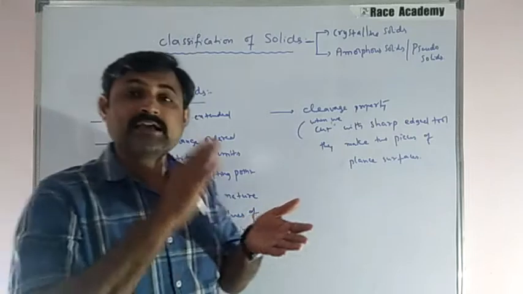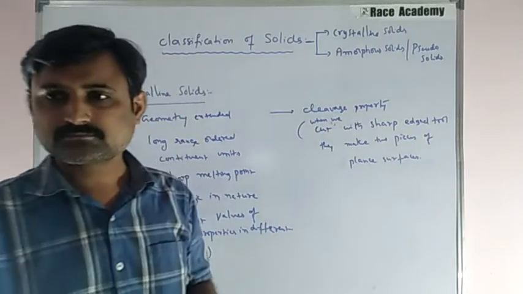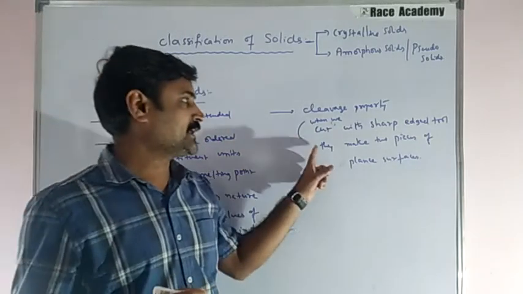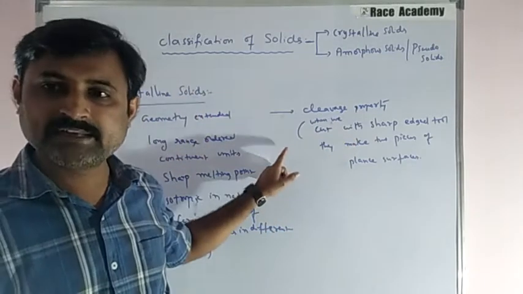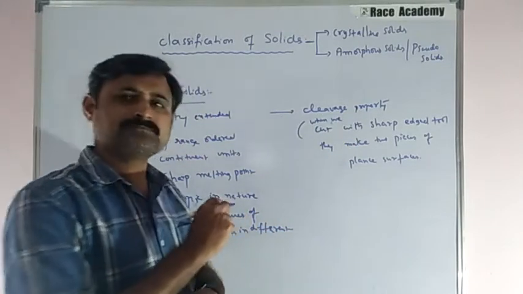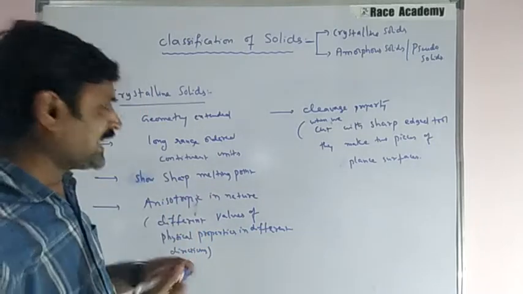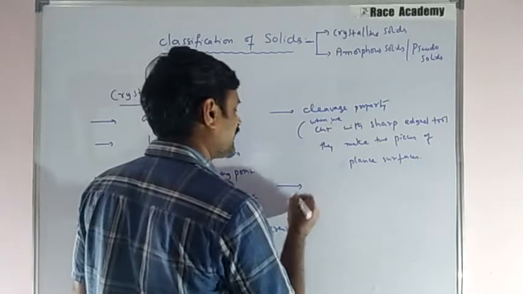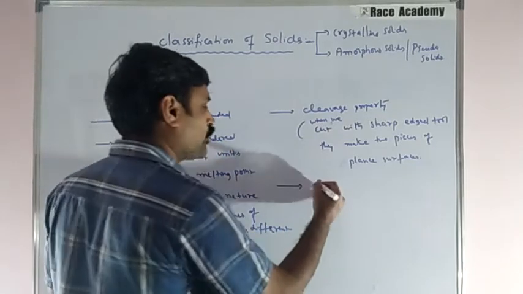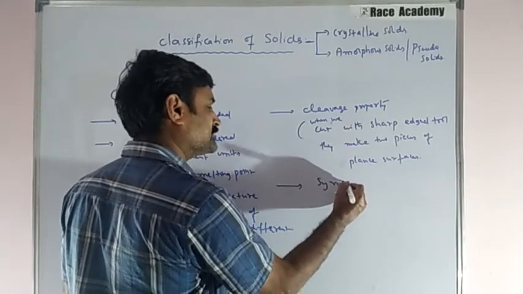And that is another most important characteristic property of crystalline solids. Not only that one, we have another most important property of crystalline solids, which is called symmetry.